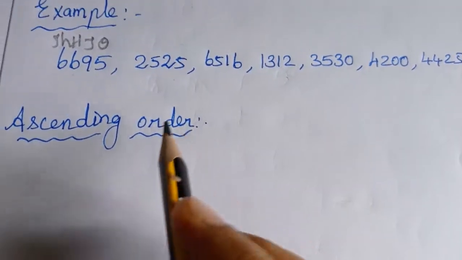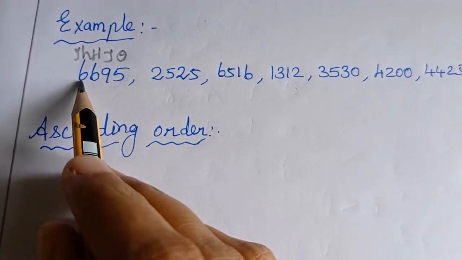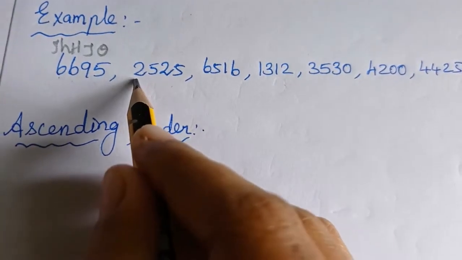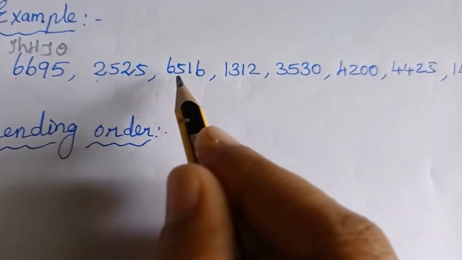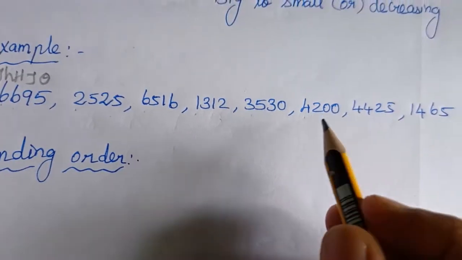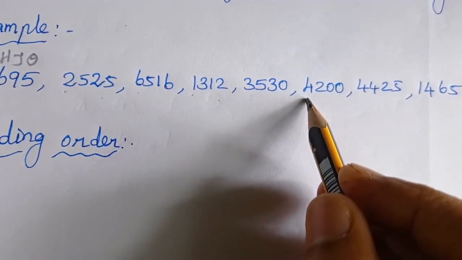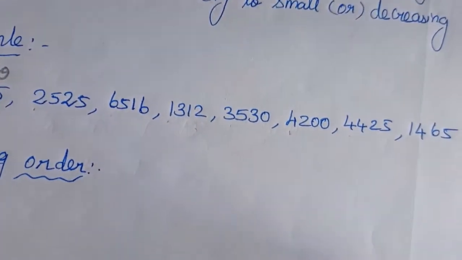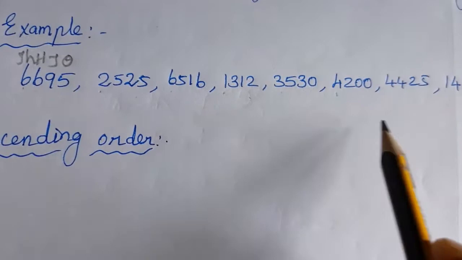In the first number the 1000 place value is 6, second number 2, third number also 6, fourth number 1, fifth number 3, sixth number 4, seventh one 4, eighth one 1.